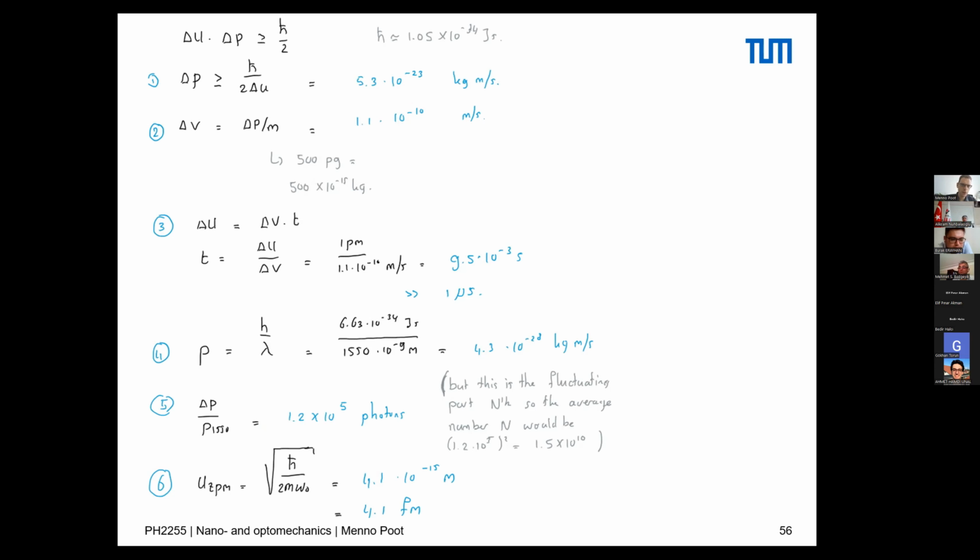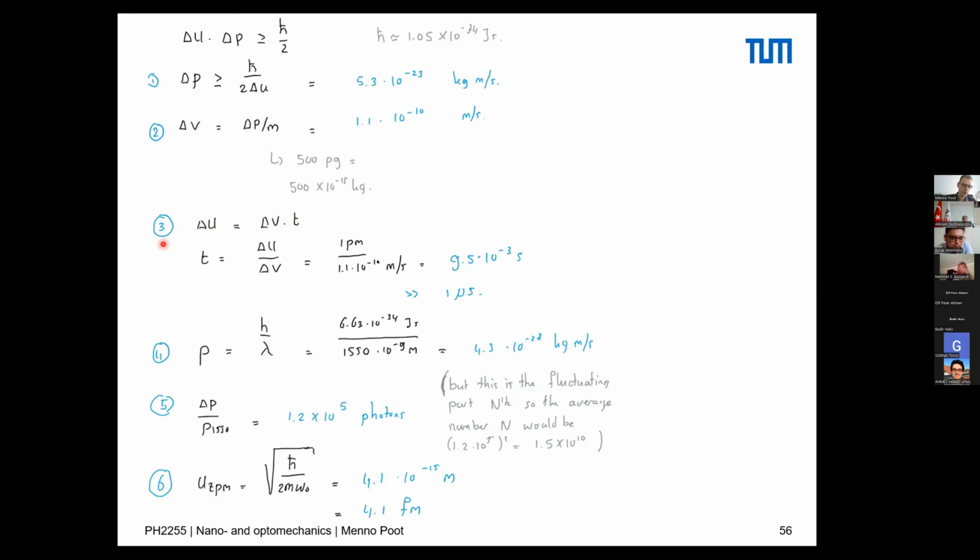So now that we know the uncertainty in the velocity, we can also see how that relates to a change in the position. So here we have to write this thing down. You see how it grows now linearly with time.